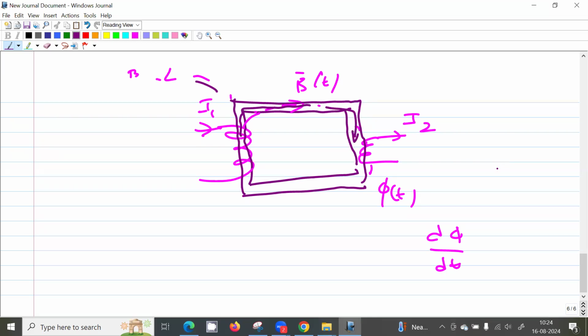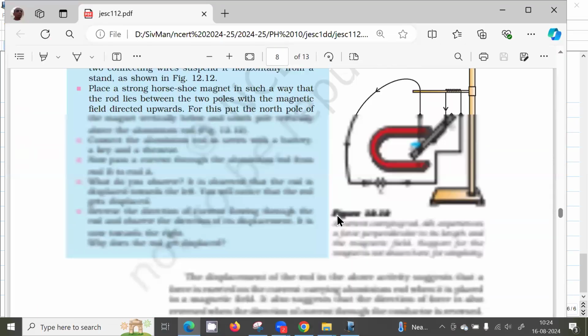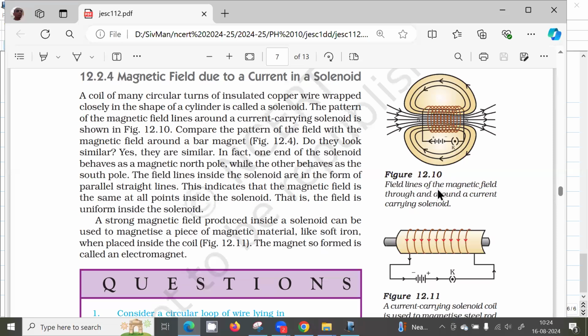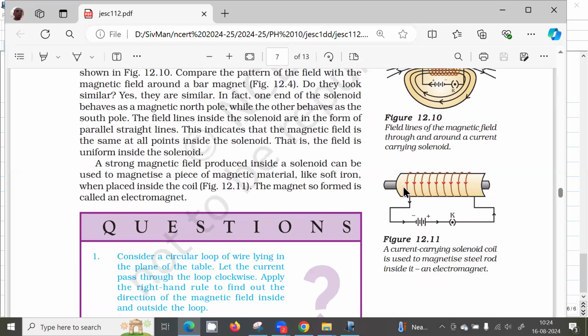That way, there is no loss of magnetic field, so you get the maximum efficiency. The soft iron core makes the magnetic field get focused within it.